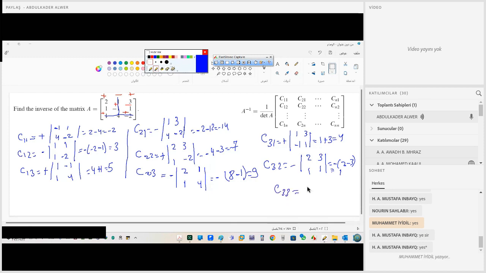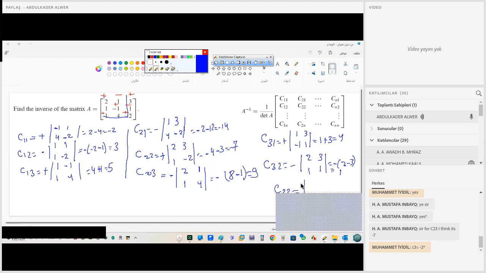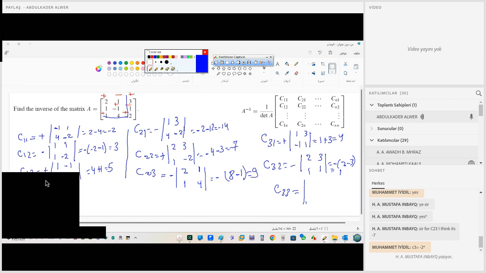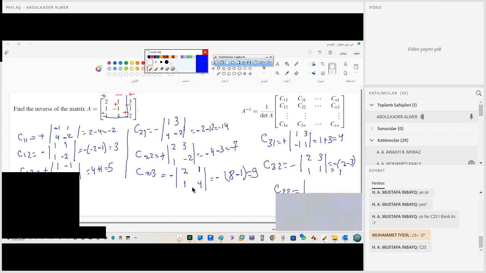C33, it is cancel this, cancel this, cancel this, cancel this. So it should be minus 7. C3, which one? I will check. If any mistake, excuse me, correct me. Thank you for any help. Yeah, which one? For C32, C23. Yeah, sure.